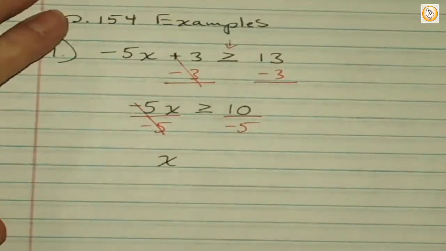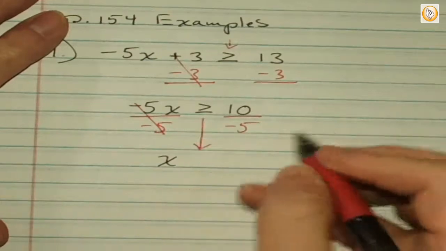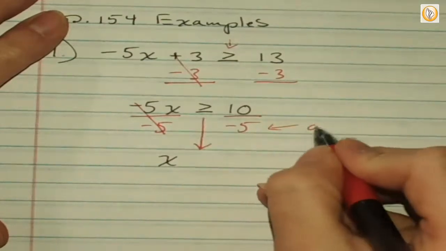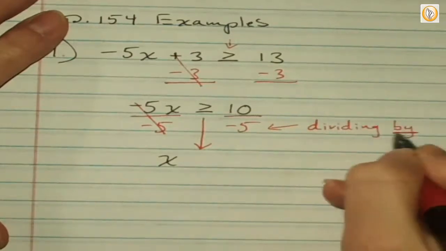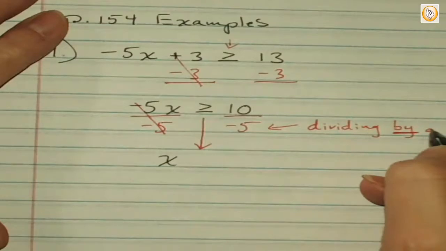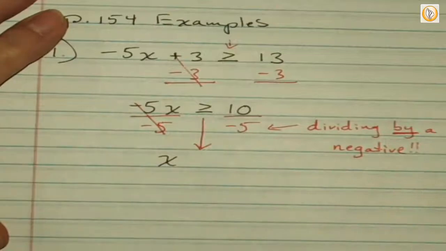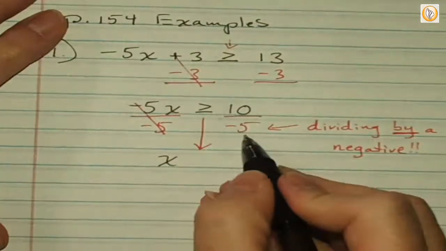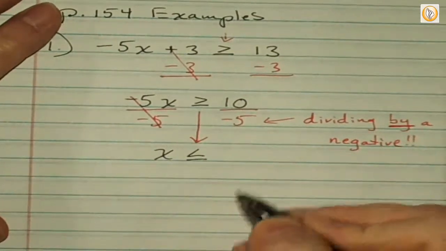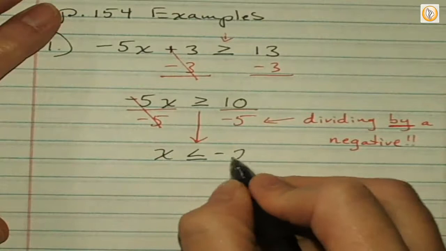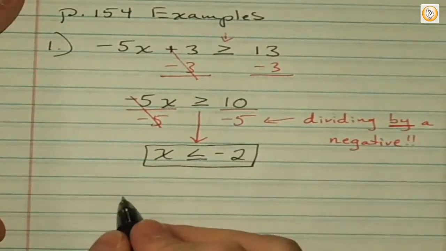Because you're dividing by a negative. Bingo, guys. Be careful with that. Since we are dividing by a negative, we're going to flip this sign, and he's correct. It's less than or equal to negative 2. There's your first answer.